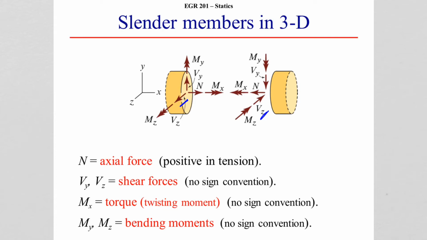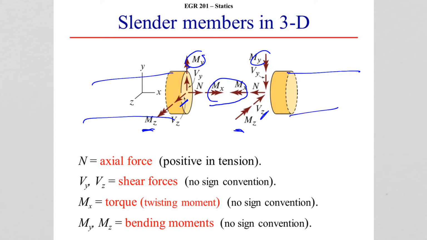Okay, so we add an additional force for shear, and then we add in a couple other things for our moments. We had the Z, which was a bending moment that we talked about earlier. There's also a bending moment around this other axis that we can have, the Y-axis. And then last is the bending moment along the axis of the shaft or beam itself. This is a twisting or torque type action.